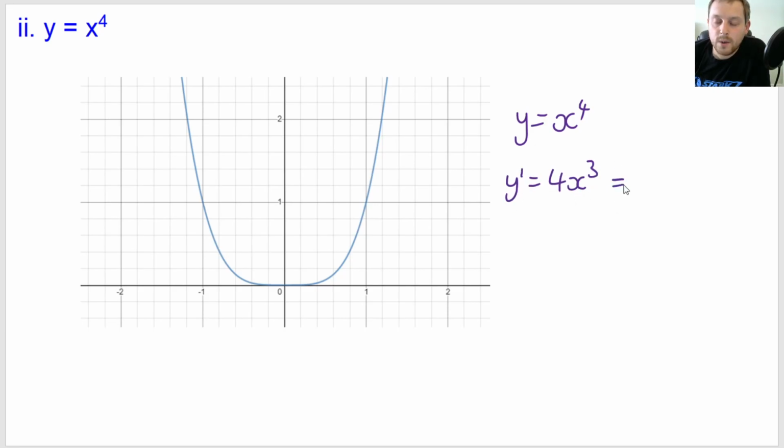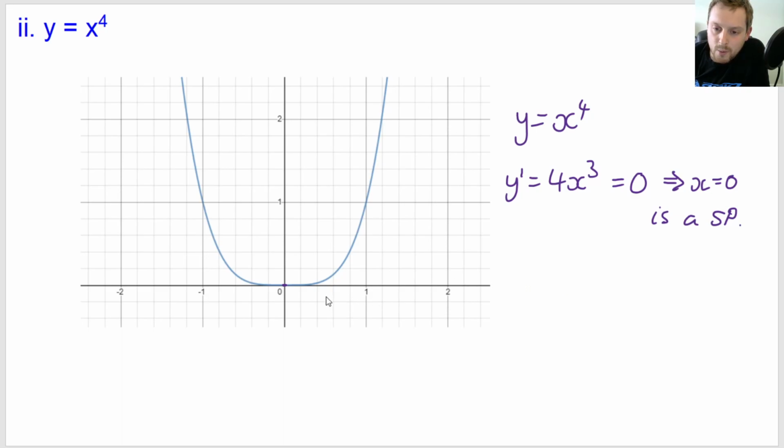And if I set that equal to 0, you can see that x is 0 will be a stationary point, because if you put x is 0 in, you get 0 equals 0. And of course, down there, you do indeed have a stationary point. It looks flat at lots of places along there, but I assure you it's only perfectly flat at x is 0, just because of the scale you're looking at it.